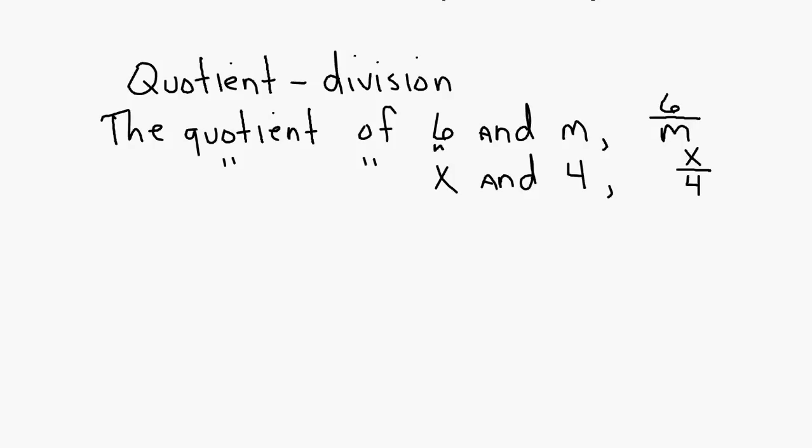See how the 6 was first? And it went in the numerator. The x was first, it goes in the numerator. Whatever's listed first in the word phrase goes in the numerator. So if it's 8 and x, that's 8 over x.